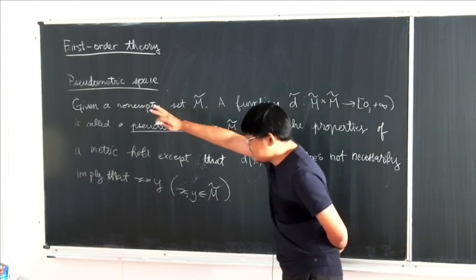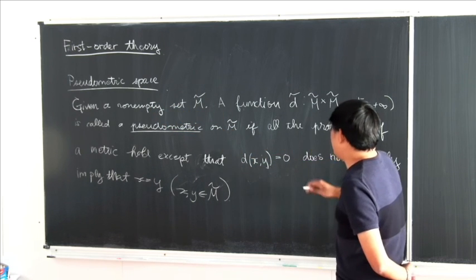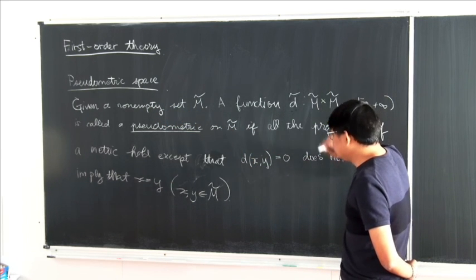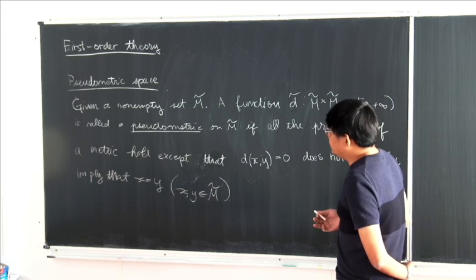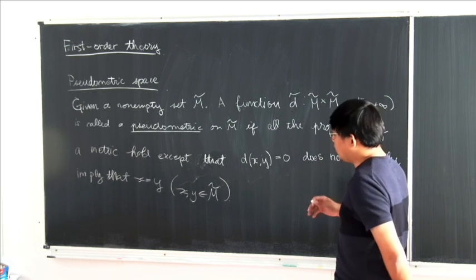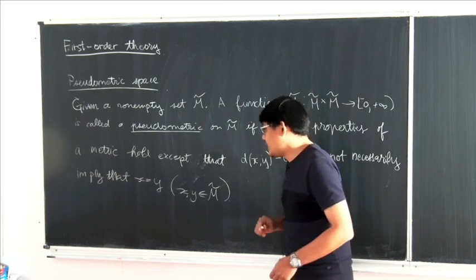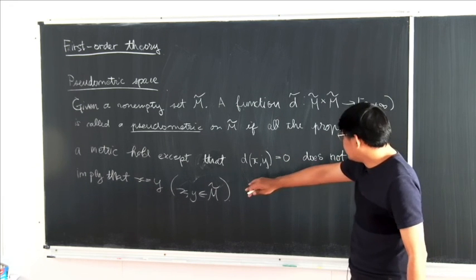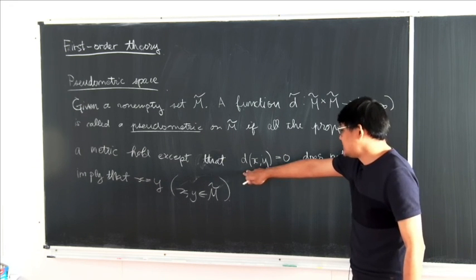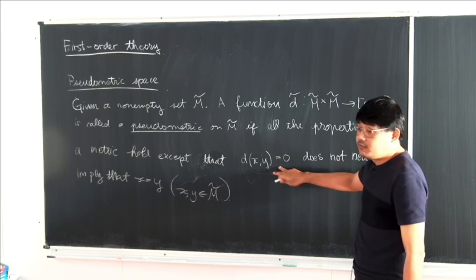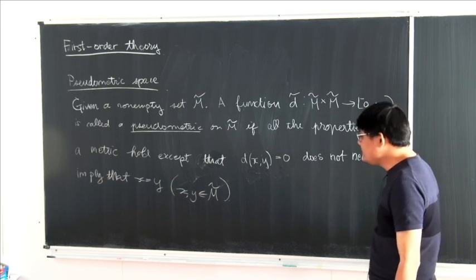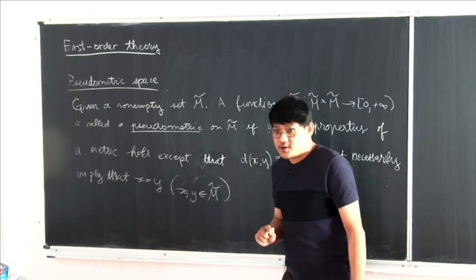M tilde can be any set, just like in a metric space. The function d tilde satisfies all the metric conditions, except that when the distance between x and y is 0, you cannot claim that x and y are identical.